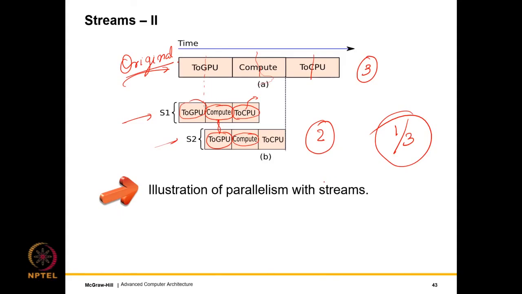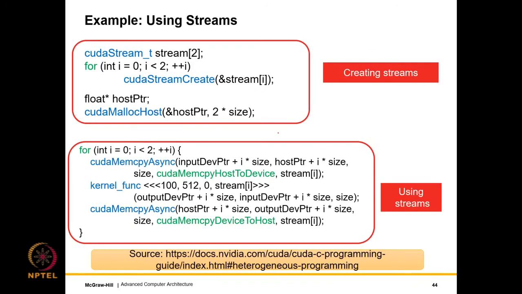And this was done by having two streams, right? By having two separate streams, this was achieved. So this is an illustration of parallelism with streams. Needless to say, streams are a method for improving performance.